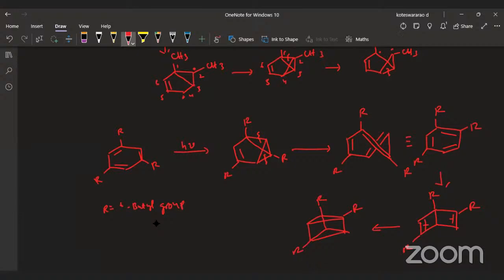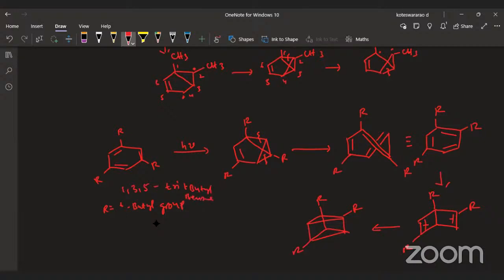This is the first one, the 1,3,5-tri-tertiary butyl benzene.